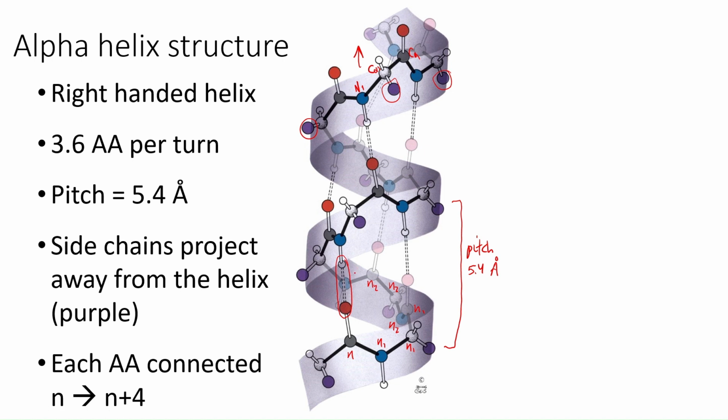In the back here we have our nitrogen number 3, alpha carbon number 3, carbonyl carbon number 3, and finally we have our amino group number 4 connected with our 0th carbonyl carbon down here by this hydrogen bond. So you see this hydrogen bonding interaction that connects each N+4th amino acid to the 0th amino acid before it. And so that's what really helps the alpha helix keep its shape, is that hydrogen bonding in the backbone.